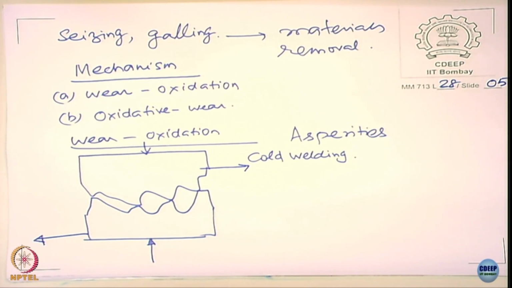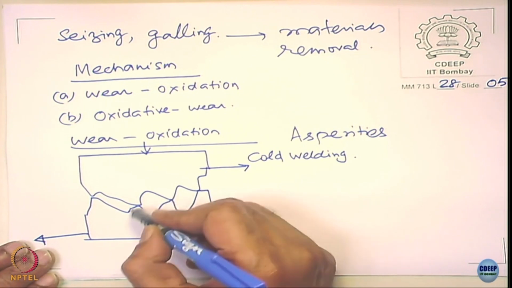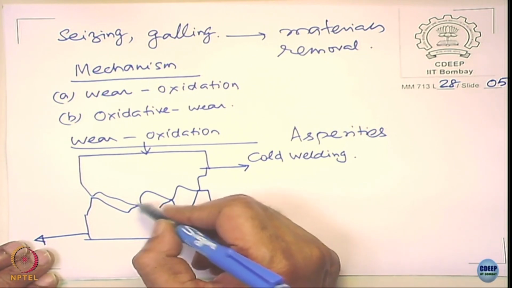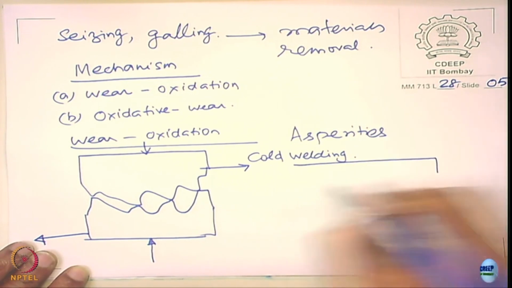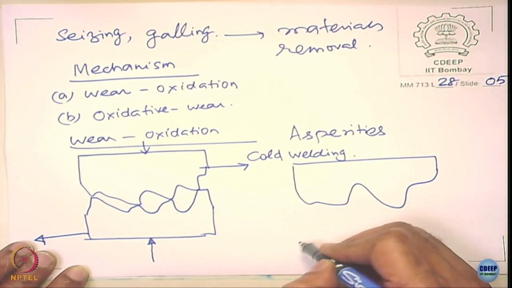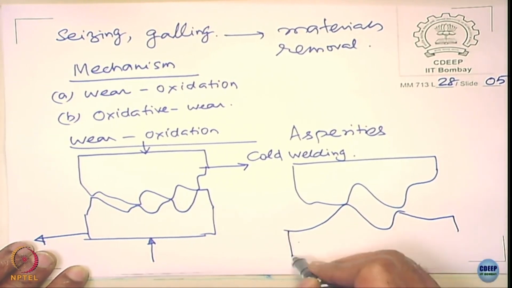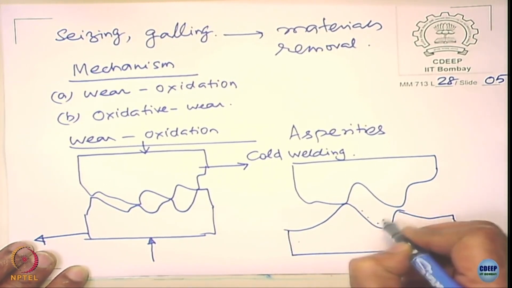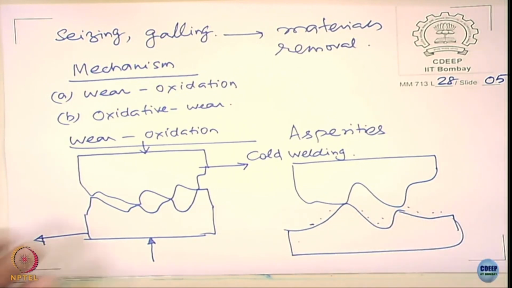Now what happens? You do not need too much load in order to fragment these asperities, contact points, right? So what happens now? A new surface is created, and you have fragmented particles on this.